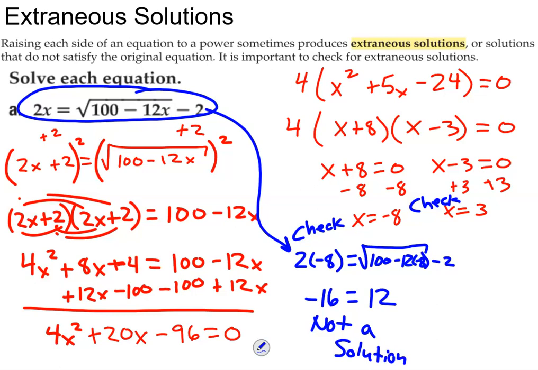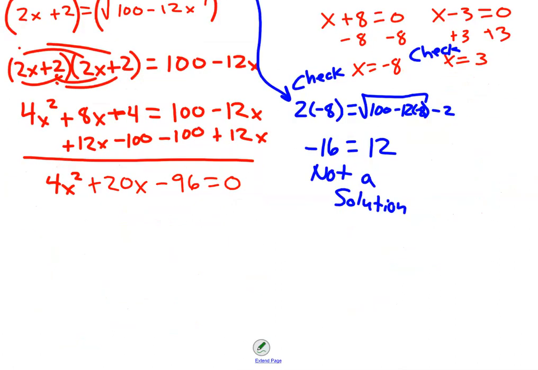Not a solution. I'm going to extend the page here a little bit. Hopefully you have enough room on your notes. Now I'm going to plug in a positive 3. I'll do that in green here. We have 2 times 3 equals the square root of 100 minus 12 times 3, and then the minus 2 at the end.